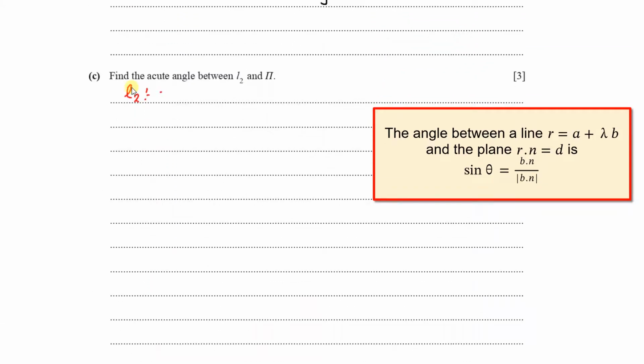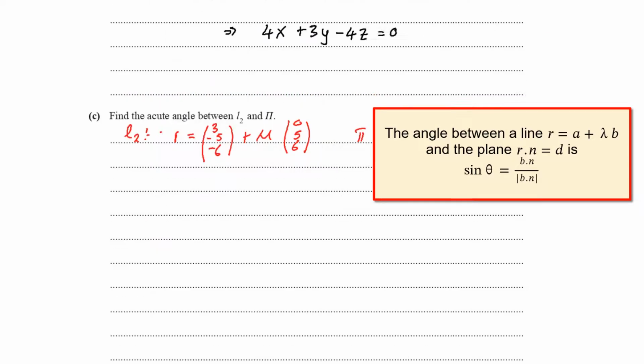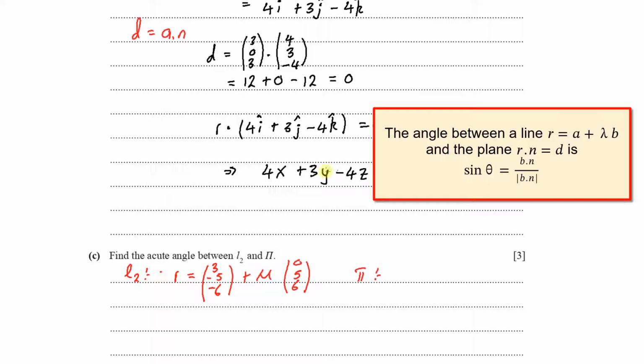So the equation of L2, we're saying that's r is equal to (3, -5, -6) plus mu of (0, 5, 6). And the equation of pi, we got it just above. I'll write it in column vector form. So that's r dot (4, 3, -4) is equal to 0.